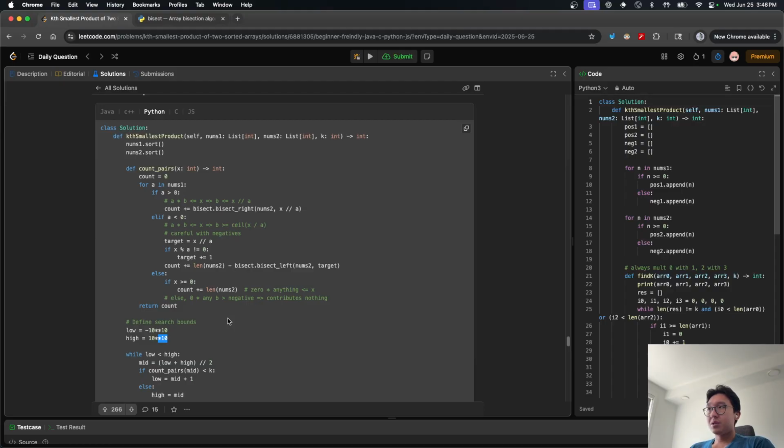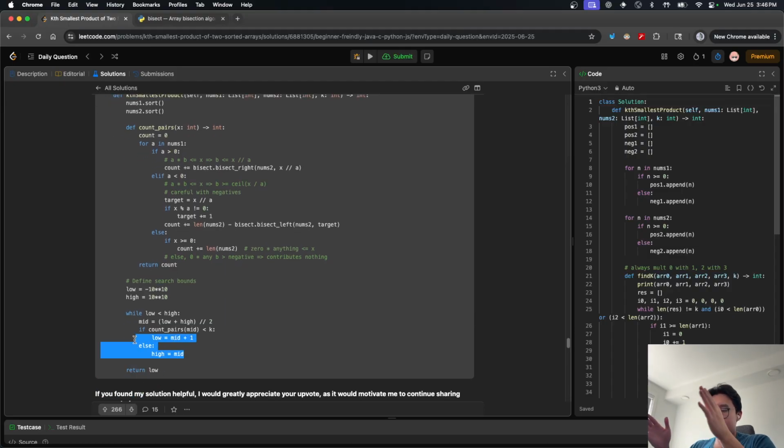and then we're going to count pairs. So if we have more pairs than k, that means that we have more pairs than k. We want to decrease that, right? So right is going to be mid. Yep, right is equal to mid right here.